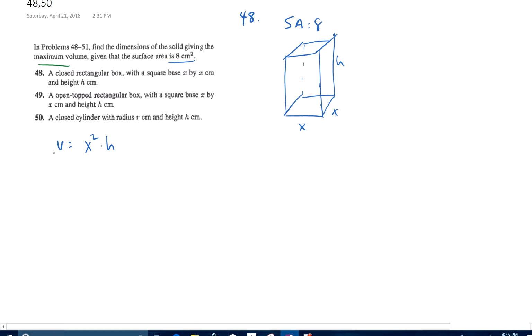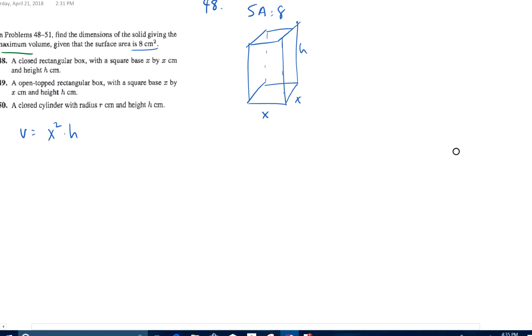So we've got the volume is x squared times h. And I want to find the derivative of volume to see what x makes it a maximum. Well, I've got x's and h's, so let's try to solve one for the other. Surface area is 2x squared, top and bottom, plus 4 sides, 4xh.